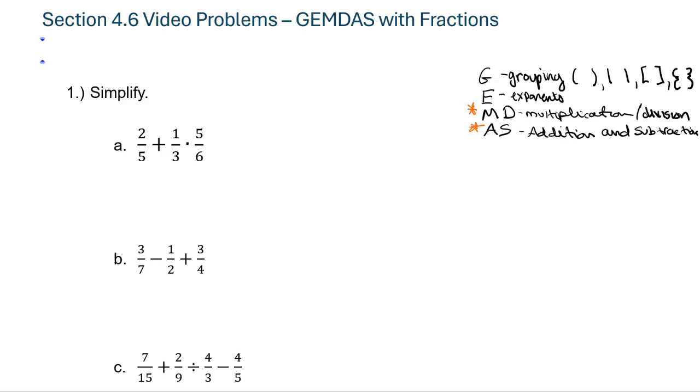Okay, so looking at my GEMDAS, I'm going to rewrite it here. Ooh, I'll use bright orange. That ought to help remind me to pay attention to it. I hope at least. Okay, so remember I said look at your map first. So I'm looking at order of operations and I say grouping. That's what I have to do first. Now I go over to A. Is there grouping?